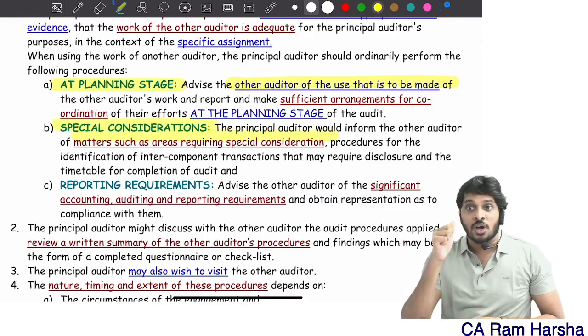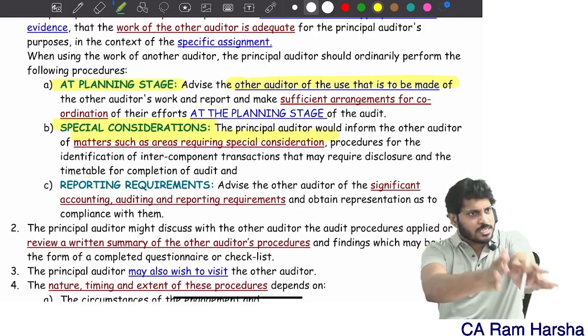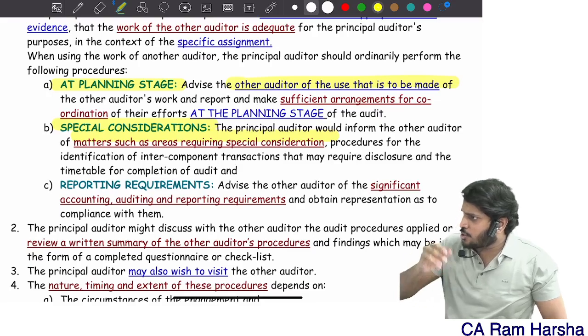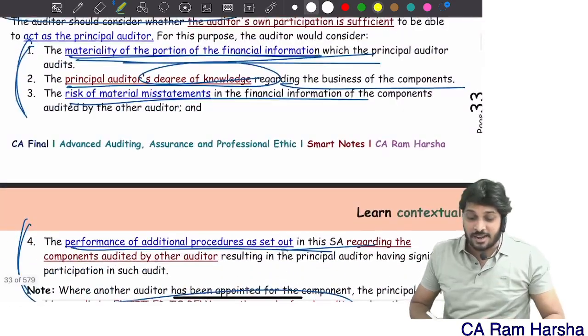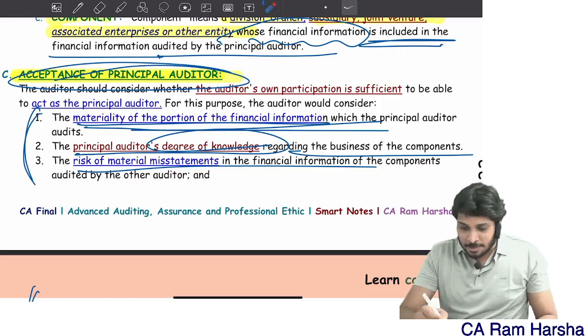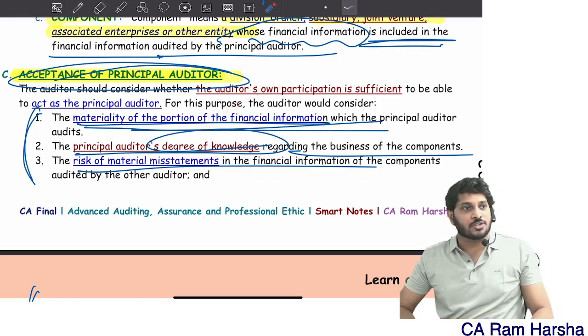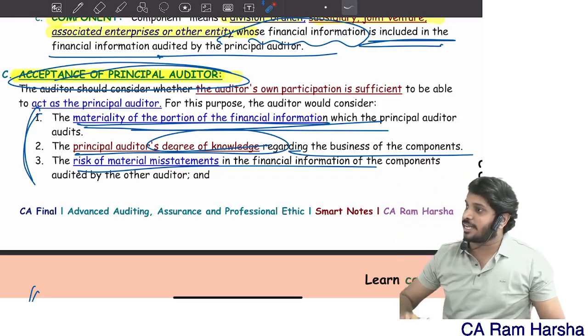Tell other auditors what are the special areas they need to focus on. In the KPMG issue which happened recently, the principal auditors argued, KPMG argued, that whatever the standard requirement is, I followed. The NFRA said, you followed everything except this. Because the partner did not study this question, the important question is not there. Getting it? Principal auditor's procedure, he did not study, he did not verify.